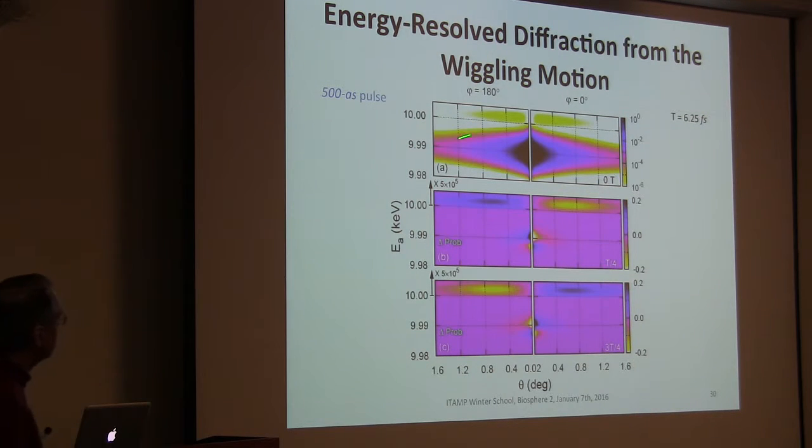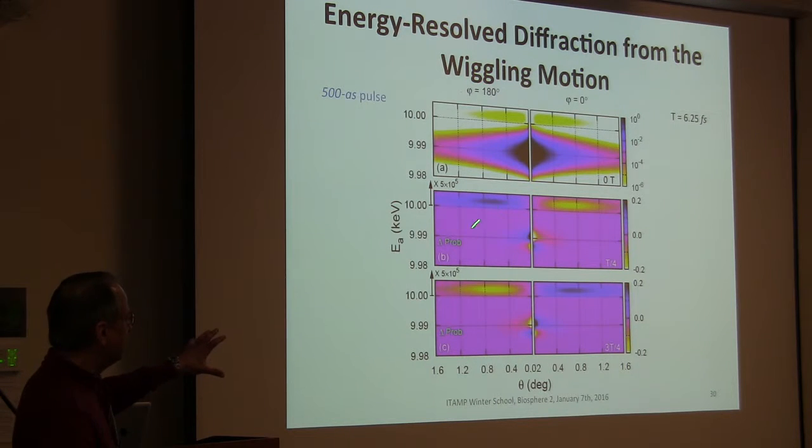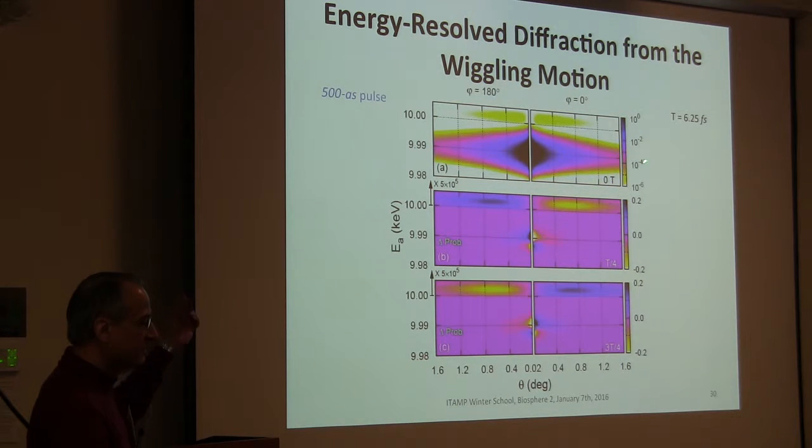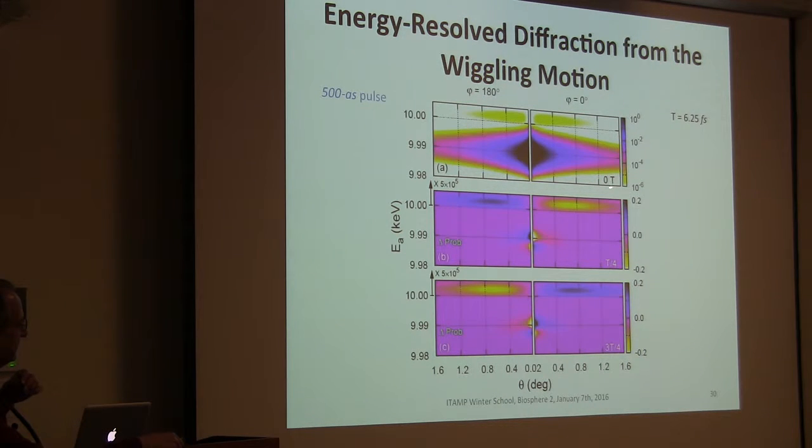And now, this is a 500 attosecond pulse. This is phi equals 0, that means positive z-axis, 0 time delay, and negative z-axis, 180 degrees. This is the de-excitation to the 1s state. This is everything else. And now, as you go to T over 4, 3T over 4, what we did was take our calculated data from the scattering here and subtract the data you have at 0 to increase the contrast between 0 time delay and the time delay at T over 4.